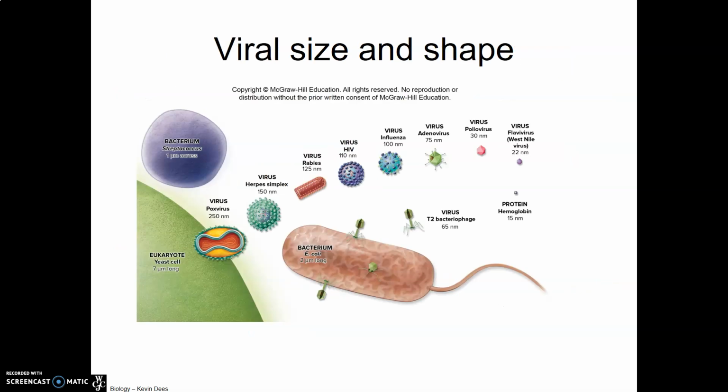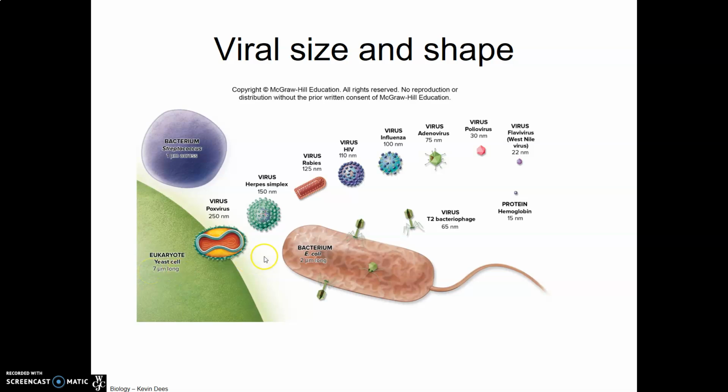So if we look at this next image, we can see how viruses are sized and shaped and compare them to some simple cells. In this image, we're looking at a eukaryotic cell, a yeast cell, again, not very large at all, but relative to a bacterium, a prokaryotic organism like Streptococcus, or a different bacterium such as this prokaryotic E. coli bacteria, the eukaryotic cell is much, much larger.